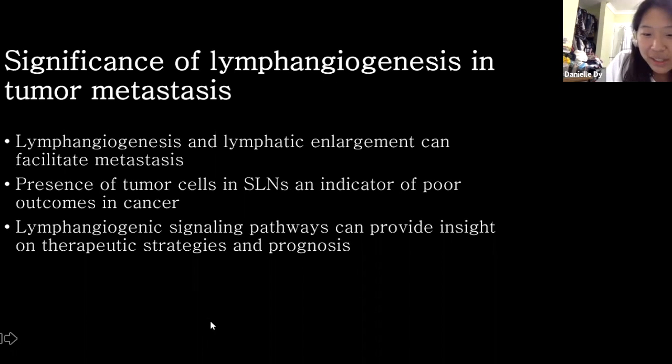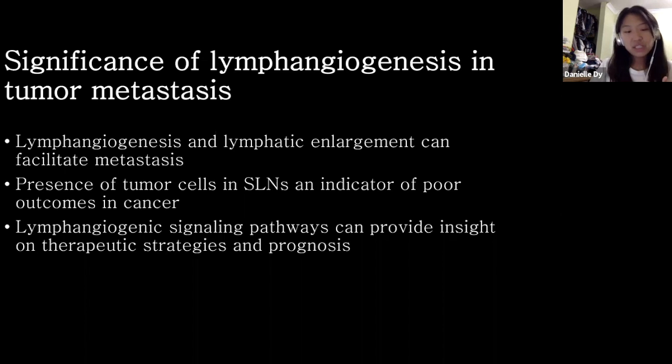Before we jump in officially, I'm going to preface with the significance of lymphangiogenesis in tumor metastasis, and the big question of why this is important and why we care. The majority of cancer deaths are attributed to metastatic cases, and those tumors have to travel through a network, either in blood or, what we're going to talk about today, through your lymph.